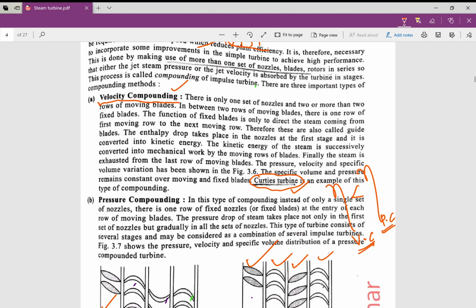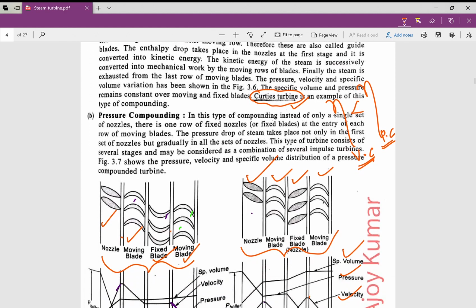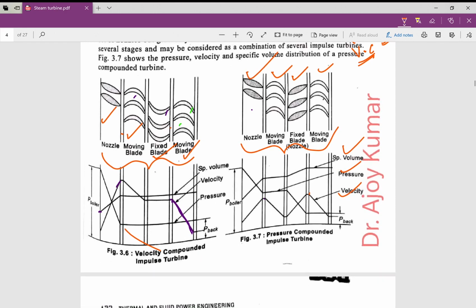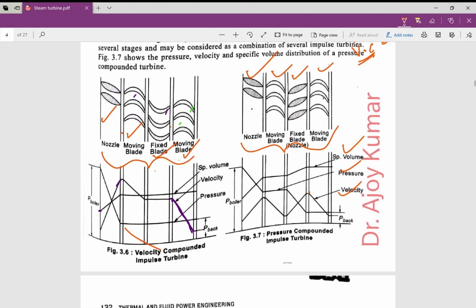The reason is the number of stages, if you see, the number of stages is more in pressure compounding compared to velocity compounding, and if you look at the variation of pressure, this pressure is utilized here, again this pressure is utilized here.